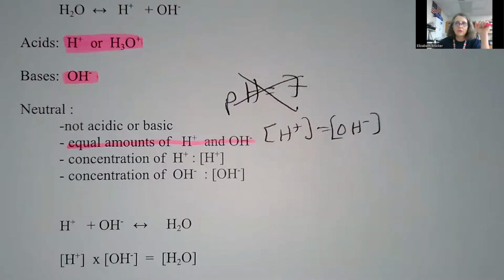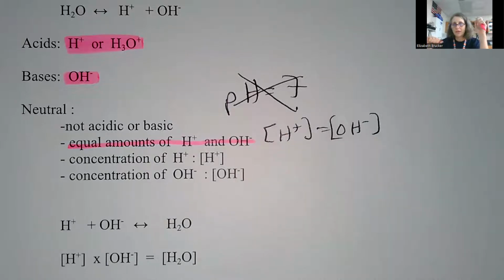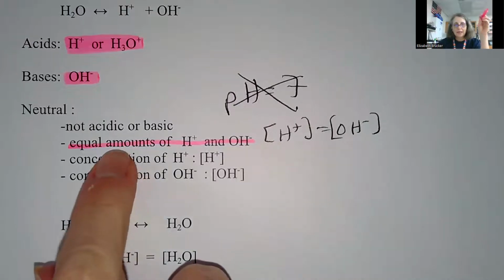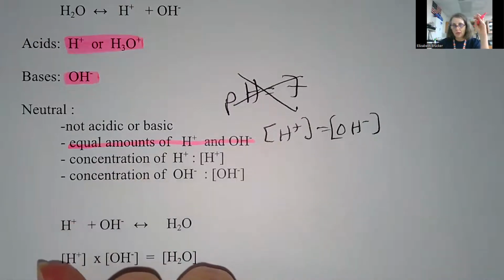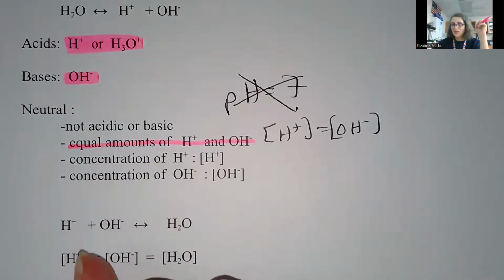That is really the definition of neutral, not pH is 7, because pH is going to depend on other things. So we are going to say that it is equal amounts of H plus and OH minus. When we put things in brackets, it just means concentration. So again, molarity. Molarity is what we use for concentration for all of this.